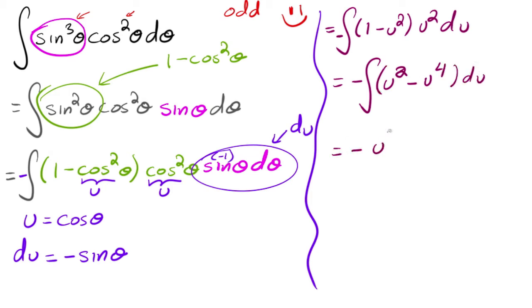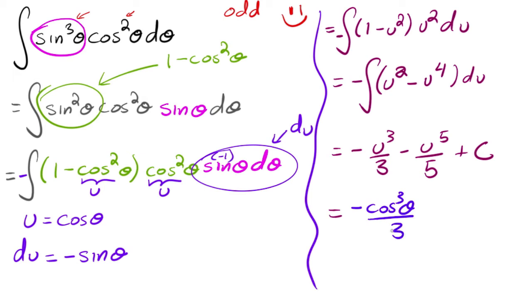And so this is minus u cubed over 3 plus u to the 5th over 5 plus c. And so then if I just go back to the original value of what u was, cosine, this is going to be minus cosine cubed theta over 3. Plus, right? Good thing I caught that one, cosine to the 5th theta over 5 plus c.